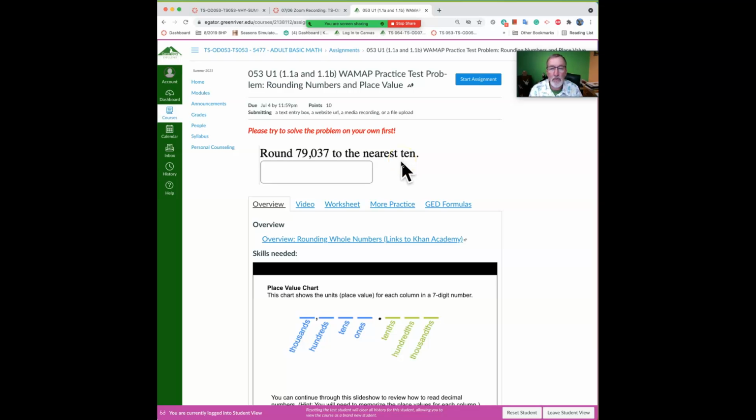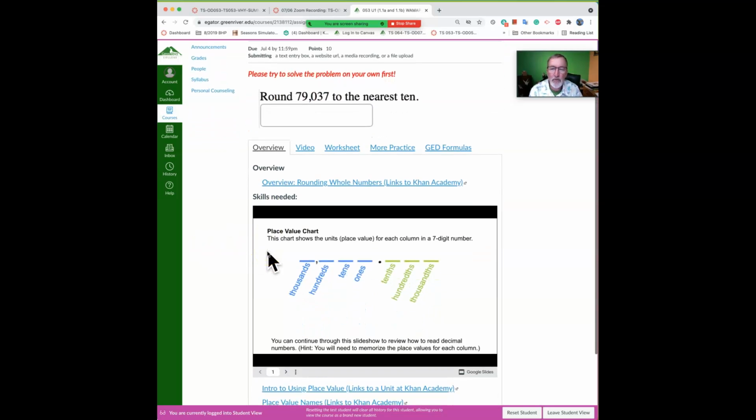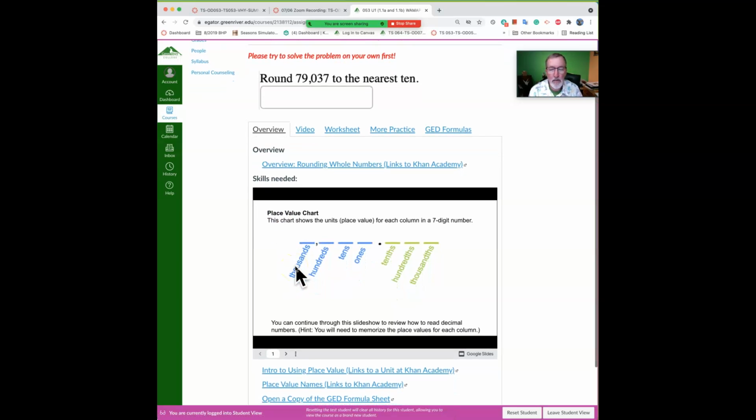So in order to solve these problems, you need to know the names of each of these columns that the numbers are in. And to do that, on this first page in the overview here at the bottom, there are 5 tabs across here. One is the overview, and there should be some helpful links to Khan Academy, and then in this case, there is a slideshow with some useful information.